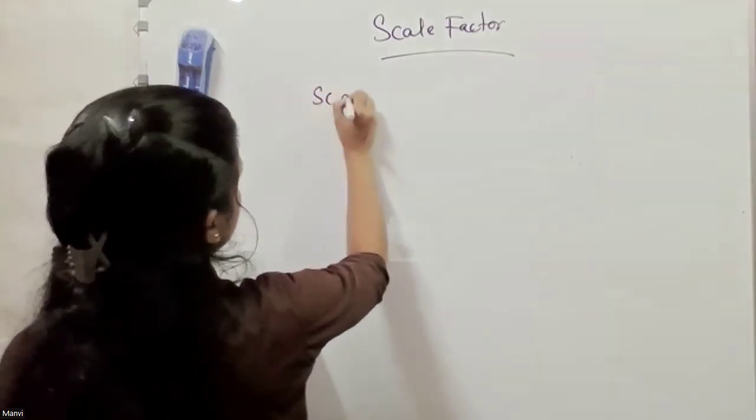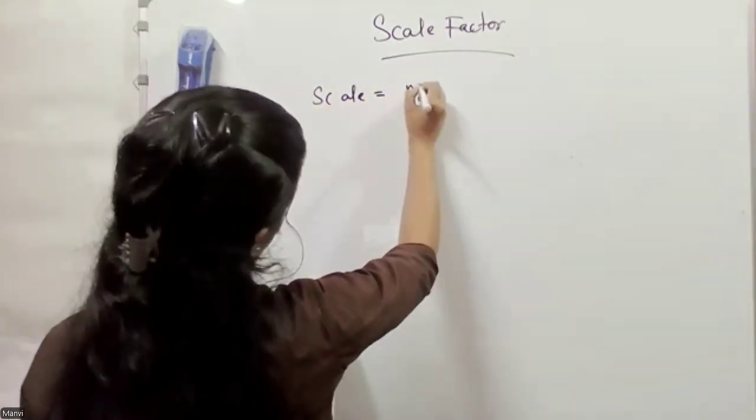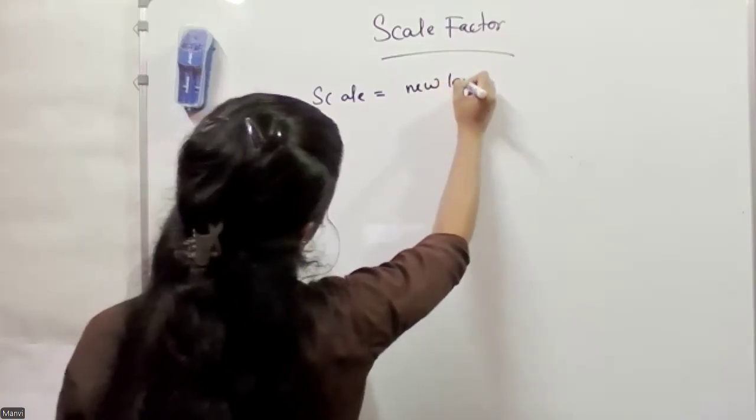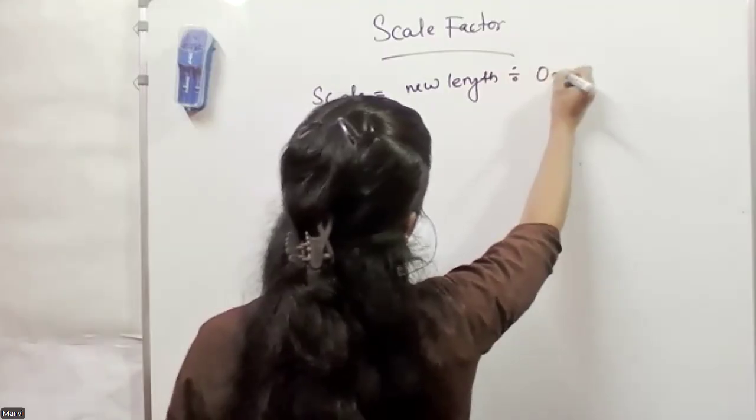So scale factor will be the new length divided by the original length.